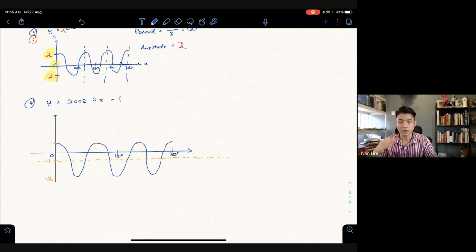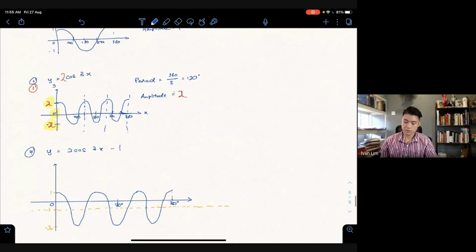You need to understand the logic of the A, B, and C. So refer to what I just taught you all. Just refer to the A, B, and C. It will always be the same one: how you shift the graph, how it affects the period, how it affects the amplitude, and how it will shift the graph, which is your C value.